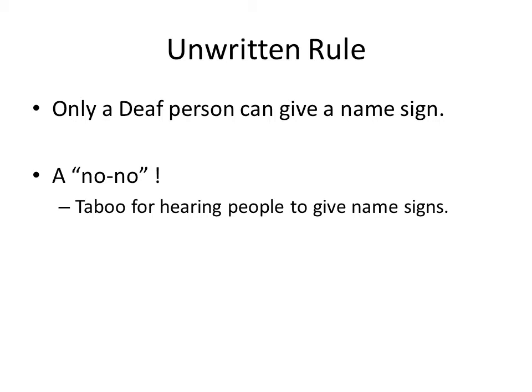The problem with this practice, though, is that students do tend to use those name signs outside of class, which can be a bad thing when a member of the deaf community hears that a hearing person is giving out name signs. So therefore, in our class, we will not be using name signs.